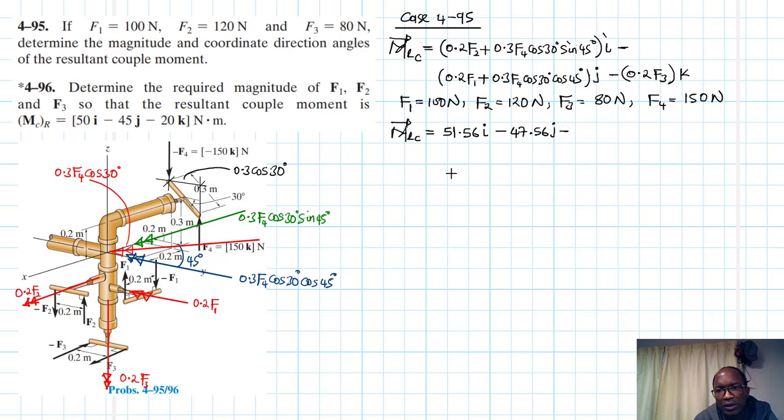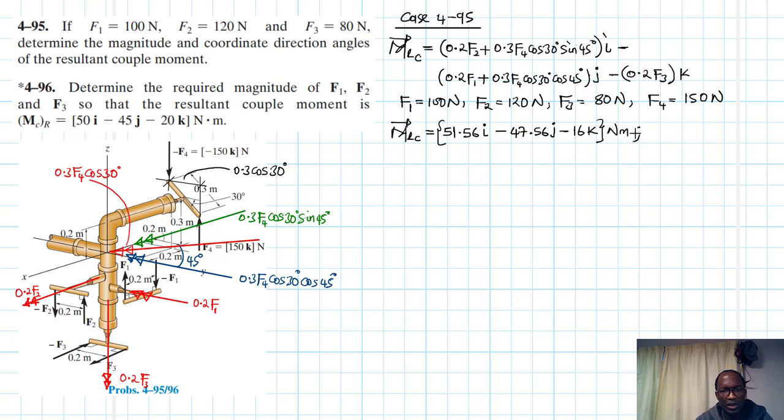Then minus 0.2 by F3, and F3 is 80, and this gives us 16 k. This is in newton meters.